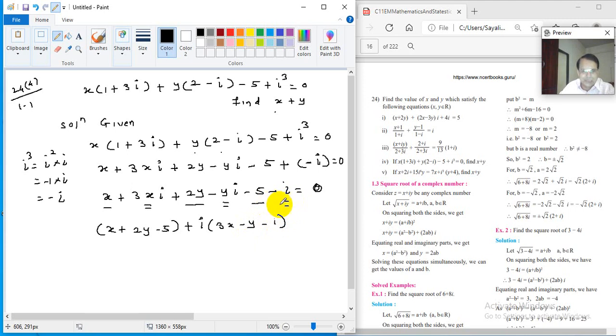Minus i means minus 1 into i. So this is 0 + 0i.